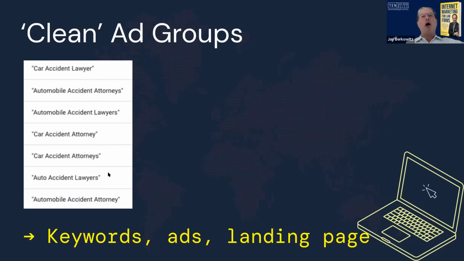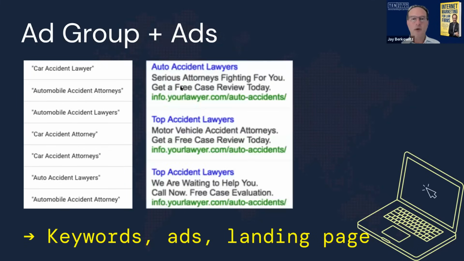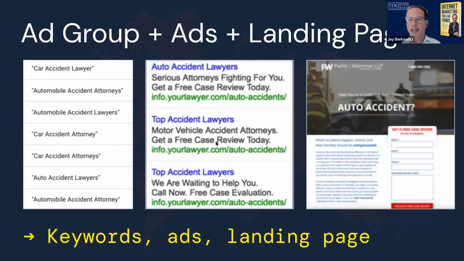Well, you don't want to throw all of those keywords into one big jumble. You want to be as precise and relevant with what the consumer sees. So what we would do is we would set up all the car accident phrases: accident lawyer, automobile accident attorneys, car accident attorney. And then we'd write ads: serious attorneys fighting for you, free case review, motor vehicle accident attorneys. And then the landing page is all about auto accidents.